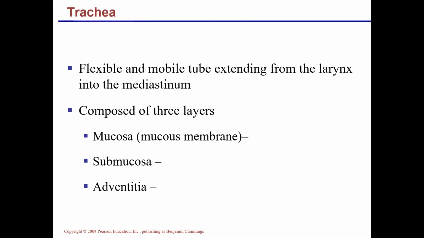Okay, now let's talk about the trachea. The lining is mucous membrane or respiratory membrane. The wall of the trachea has three parts: mucosa, that's the lining, submucosa, and adventitia, that is the covering on the surface.